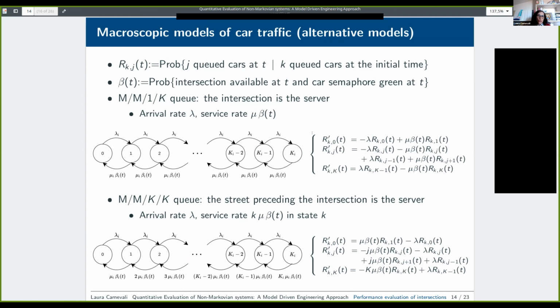I would just like to underline the fact that the service rate is modulated by the probability that the intersection is available at time t, and the car semaphores also are green at time t. So this is modulated by a quantity that depends on the analysis of a separate non-Markovian model.